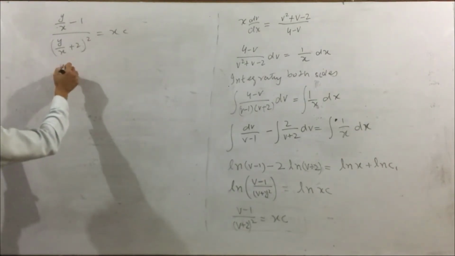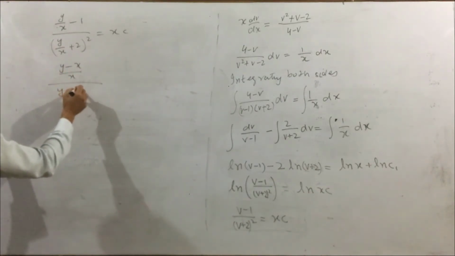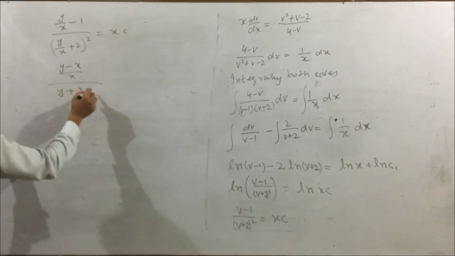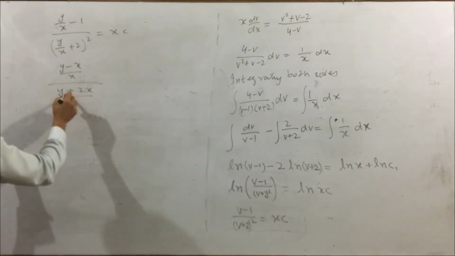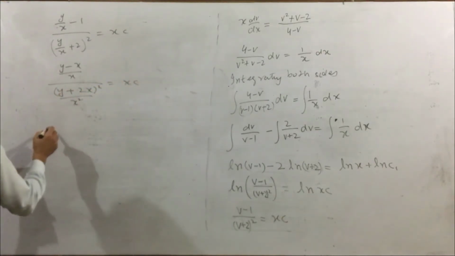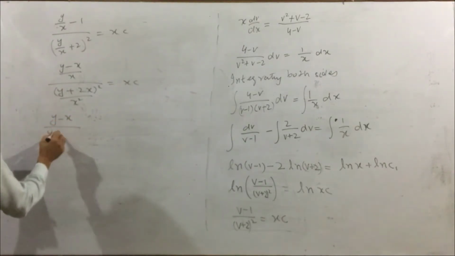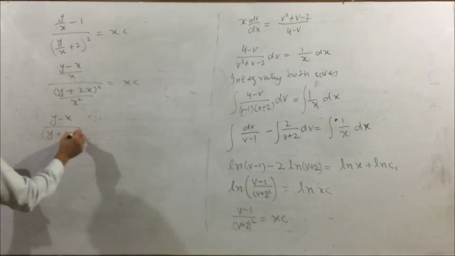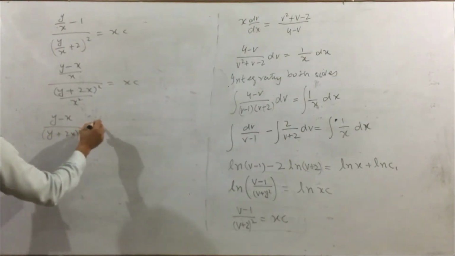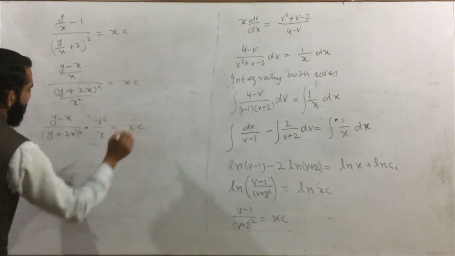Taking LCM, (y minus x) divided by x and (y plus 2x) divided by x whole square is equal to xc. (y minus x) divided by (y plus 2x) whole square into x square over x is equal to xc.